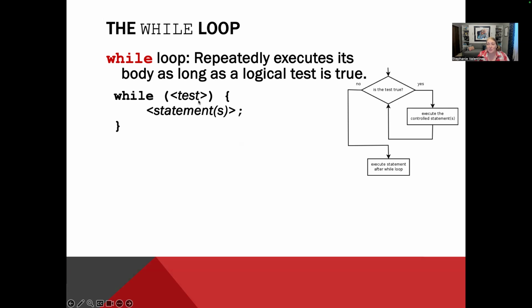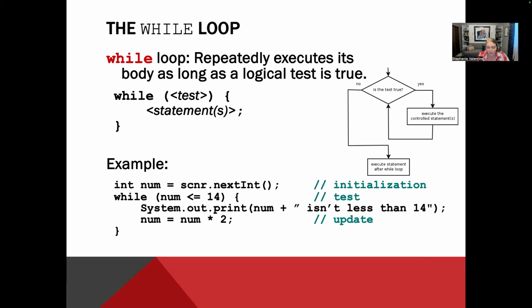It is possible to write a while loop such that the test, the Boolean statement here, is never false. And if it's never false, then it's what's called an infinite loop. It's just going to go on forever and ever and ever.